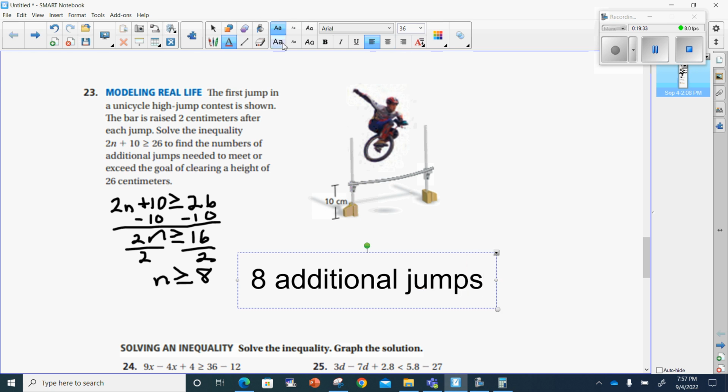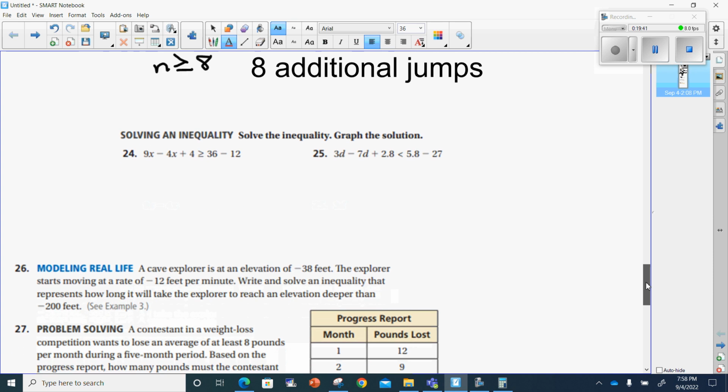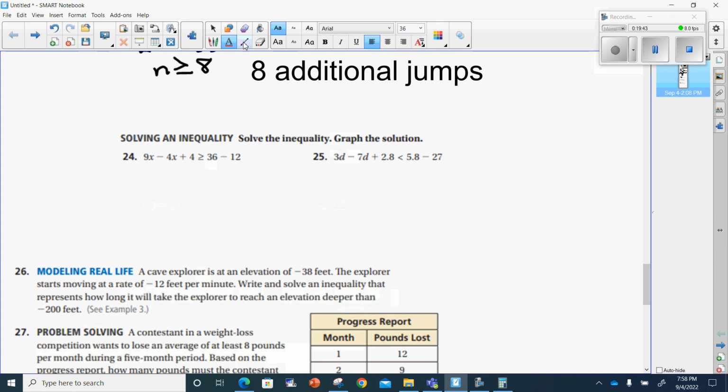All right, let's go to number 25. If I can find this, okay. 25 says solve the inequality, then graph. All right, this just looks like a bunch of more extra stuff. 3d minus 7d is going to be a negative 4d. Remember, I'm combining like terms on each side first.